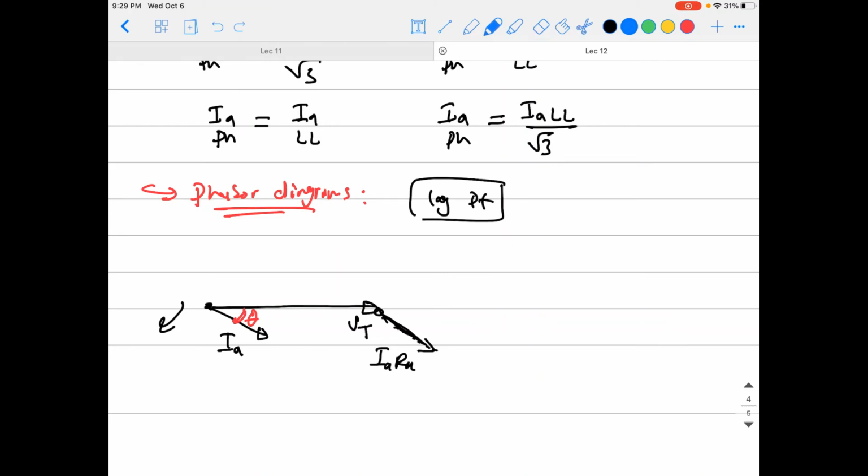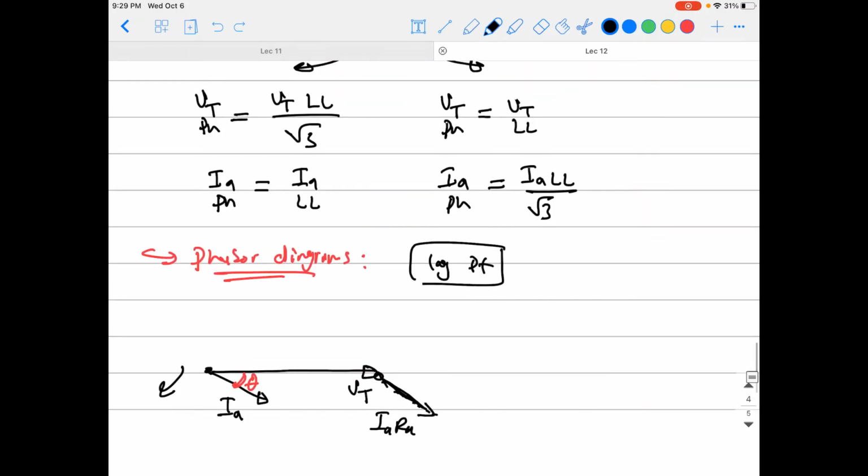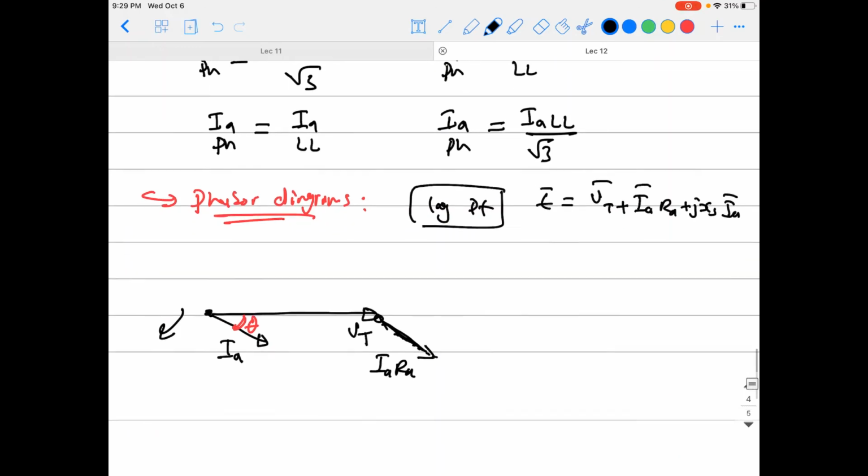Okay guys, and then we add jIAXS, using this equation. So E equals V terminal plus IARA plus jXSIA. We now have V terminal added to IARA, and now we have to add jXSIA.